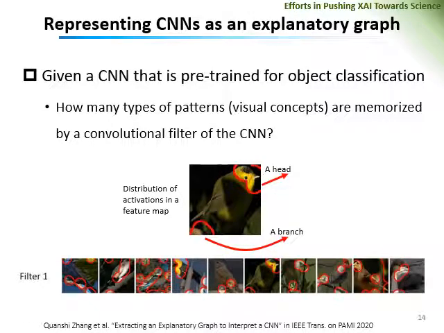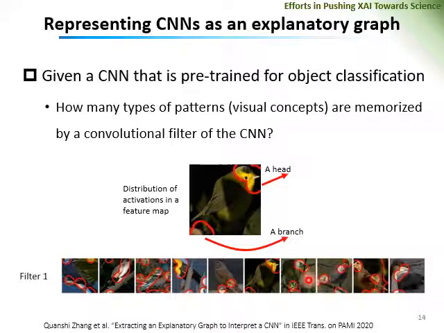And also for the same filter or channel, given different input images, the filter was activated by different concepts. Sometimes in the first image, it's triggered by the branch. The second image is mainly triggered by the torso of the bird. And this image is triggered by the head.